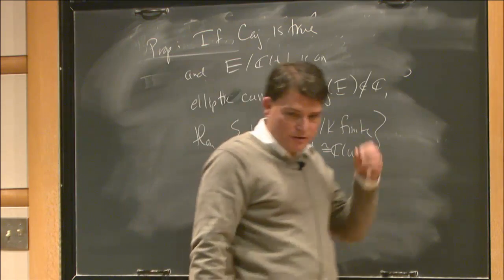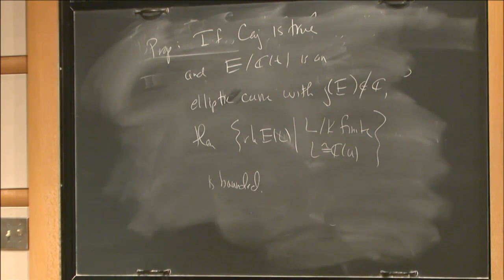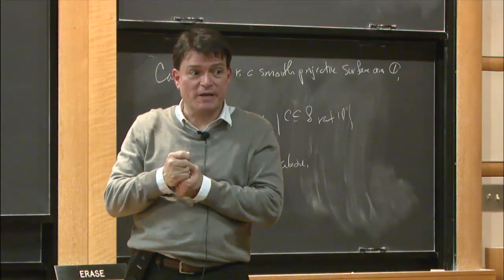So starting with a non-isotrivial elliptic curve over a function field, you may be able to increase the rank some, but the totality of ranks over all possible extensions of this type should be bounded.